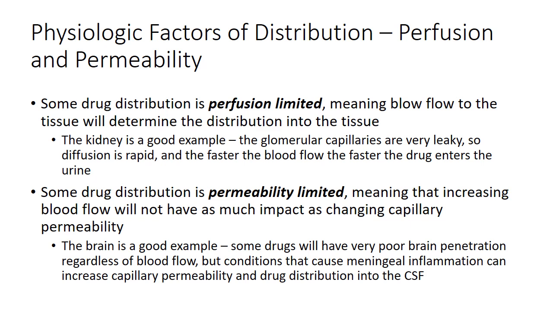The glomerular capillaries are so leaky, it's easy to get any free drug through. The main factor determining filtration is just blood flow. So the faster the blood flow, the more the filtration. And that's because the drug moves very easily. If the drug is there, it'll move easily through the glomerulus.